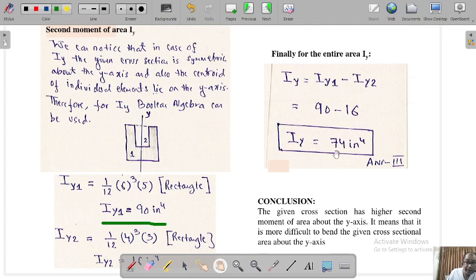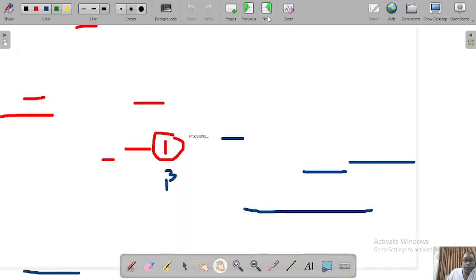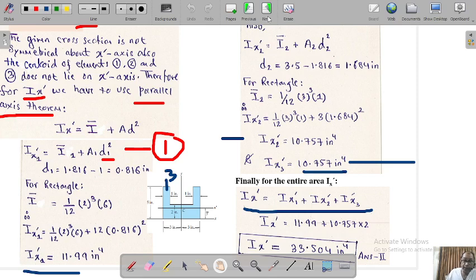You will get Iy equals 74 inch 4. So this is Iy of the whole shape, 74 inch 4. We assumed a whole solid in the first case and subtracted the inner one from it to balance it.